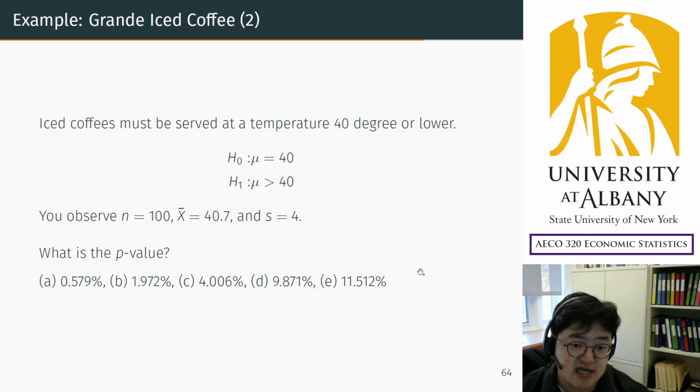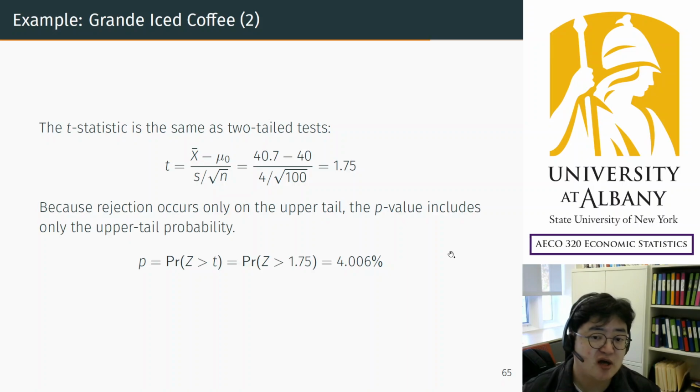Okay, let me show you the answer. You do the algebra. First, you need to calculate the t-statistic, which is 1.75, right? Sample average minus your belief standardized by the standard error. And now you calculate the p-value only on the upper tail, so only calculate the probability greater than 1.75.